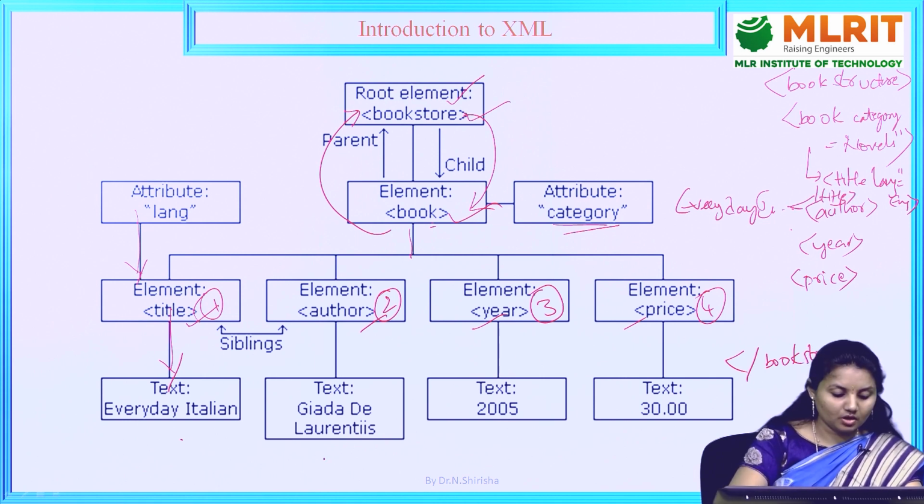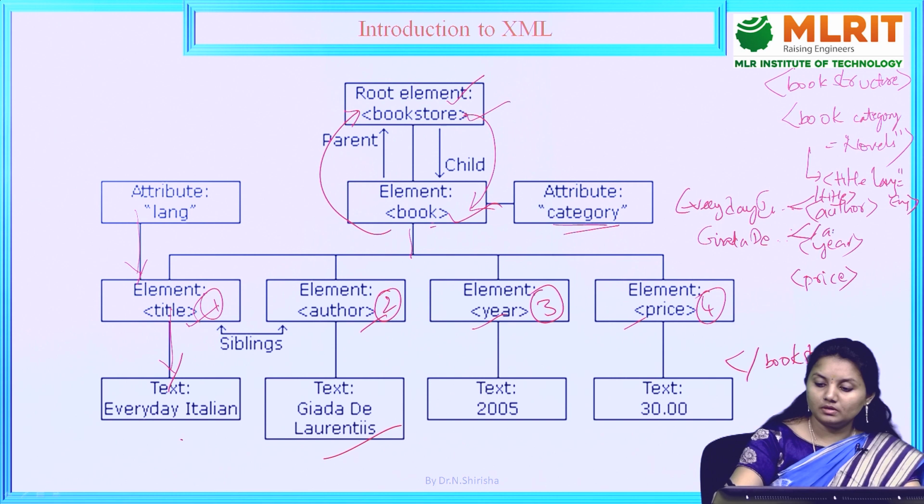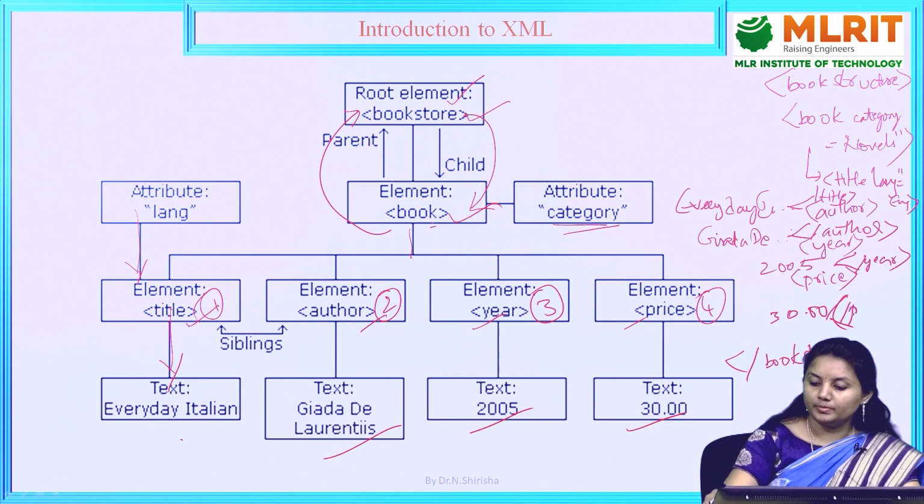Similarly, author. Author is given something like this. Close your author tag. Year, 2005. So 2005 is the content you are giving. Close your year tag. Price is 30. No need of a tag. So close your price.